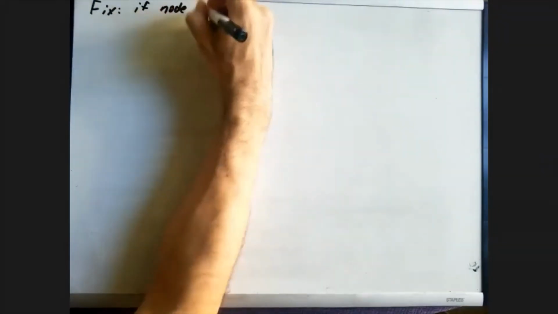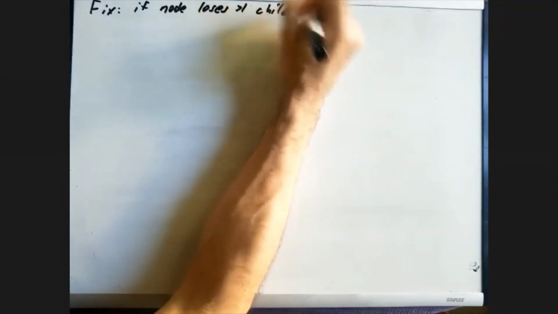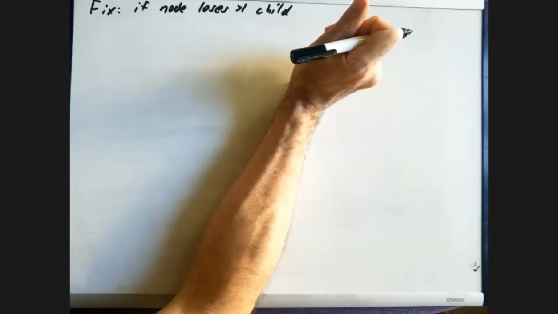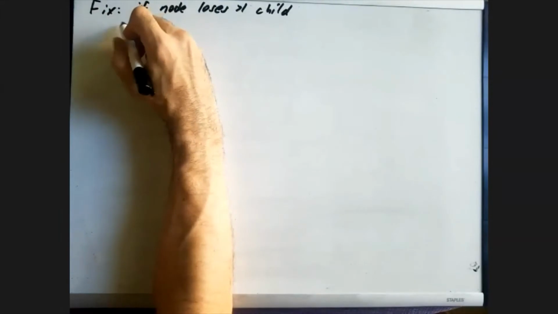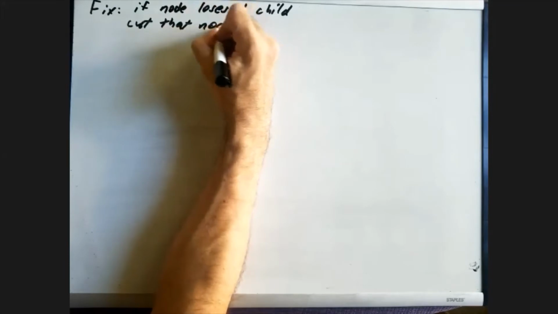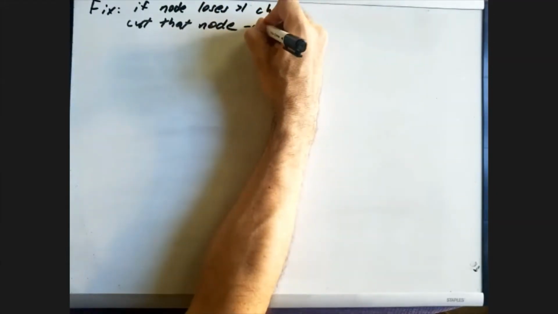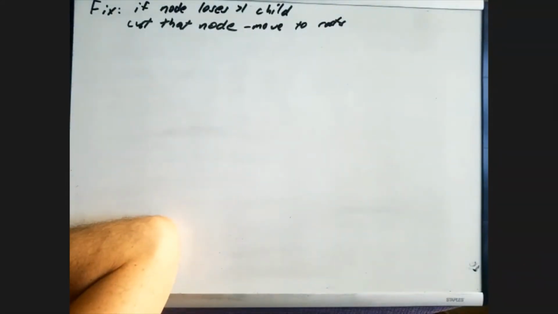And so the idea to fix this problem is that if a node loses more than one child, then we want to take that node out of the line of fire. We don't want it to face any further risks. We will cut that node and move it to the roots of the collection of heap ordered trees.